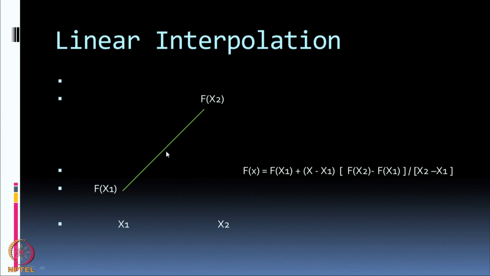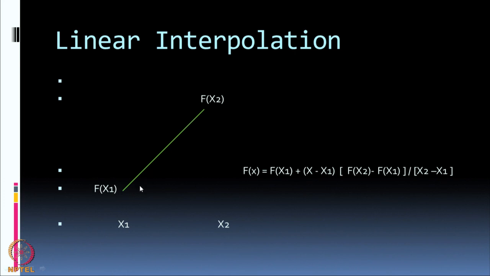So, how do I get the values at those points? You know that the equation of a straight line is y equal to m x plus c, where m is the slope and c is the intercept. How do I write the interpolating polynomial here? f x, the value of the function at any point between x 1 and x 2, is f x 1, the starting value of the function, plus the slope.